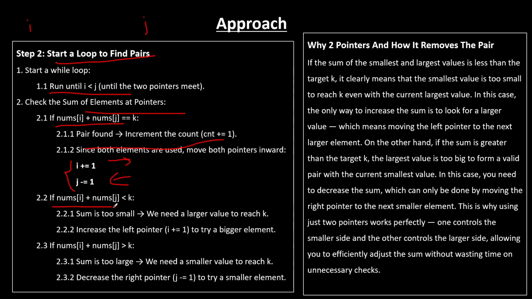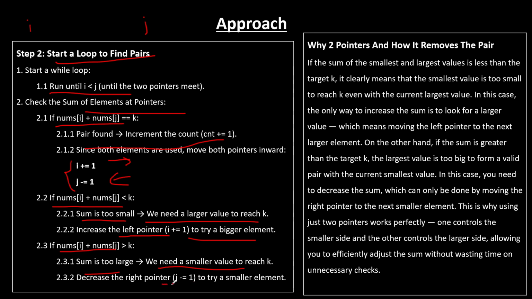If nums of i plus nums of j is less than k, since we have sorted the array already, it will be easier for us to move the i pointer towards the right side to find a bigger value. The sum is too small, so we need a larger value to reach k. We increase the left pointer to try a bigger element, and similarly, if the sum is greater than k, the sum is too large, therefore we know that it's a problem of the j pointer.